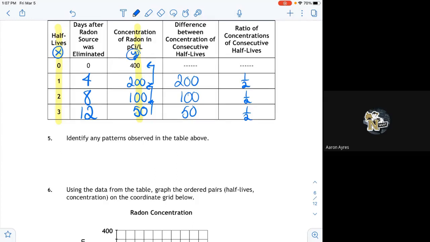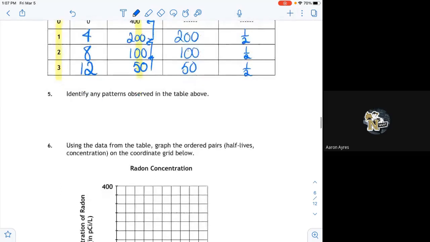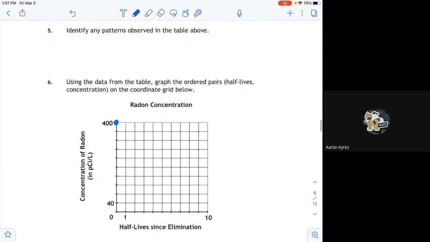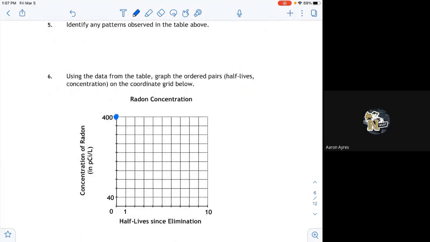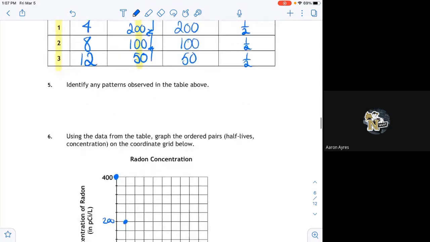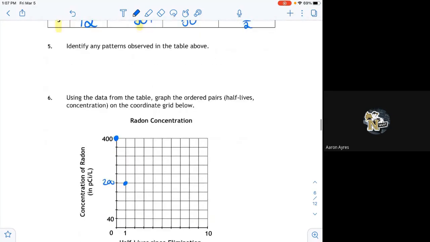So you're going to start at 0, 400 right here. Then you're going to do 1, 200, which is right there. And then it's 2, 100. My mistake.